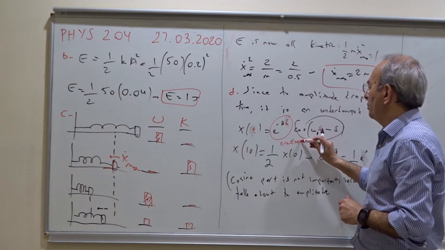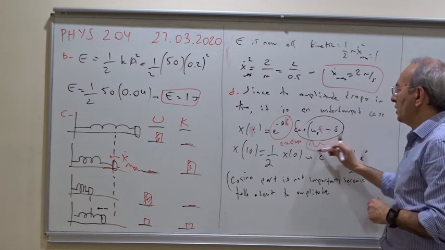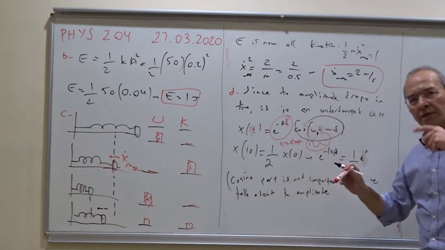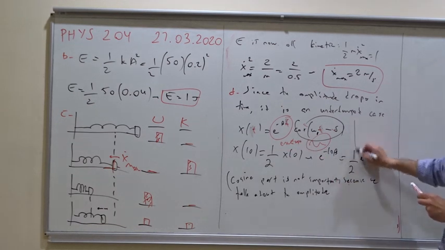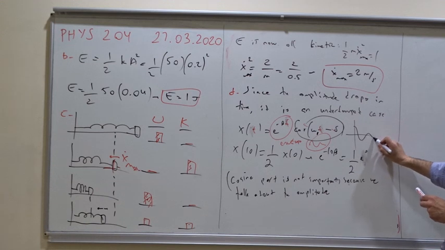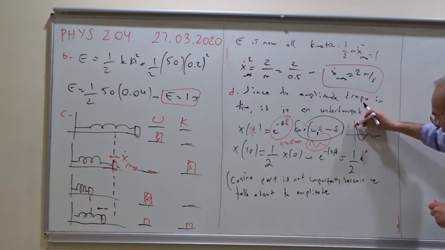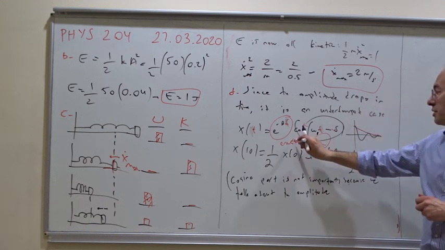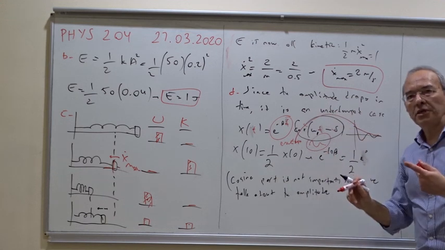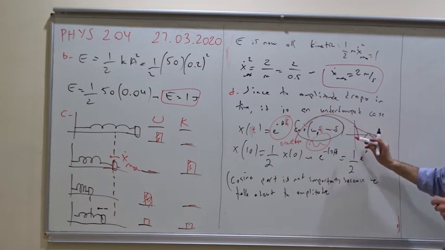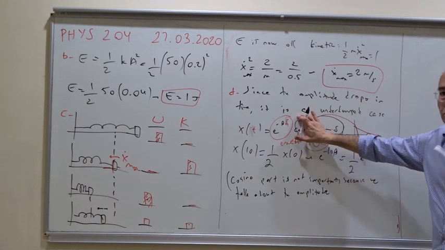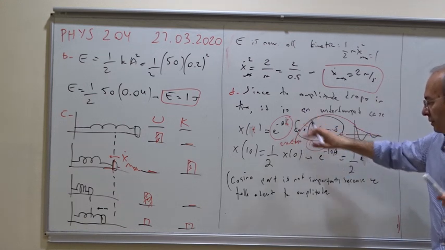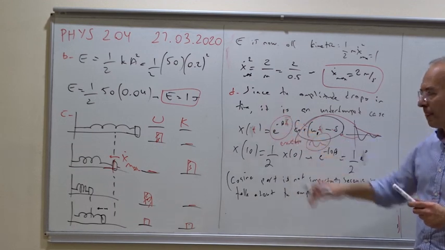Remember, that is the sinusoidal part. The second part is giving the oscillations. The envelope is the e to the minus beta t part, and these oscillations are represented by the cosine part. So cosine is not important in such analysis. Only the first part is important. And what is the time?